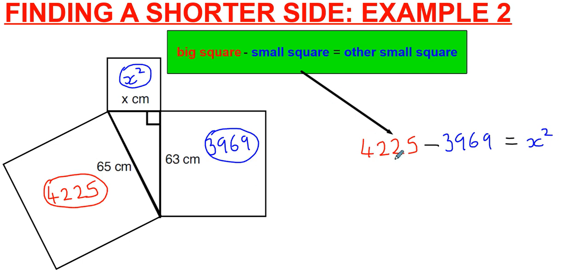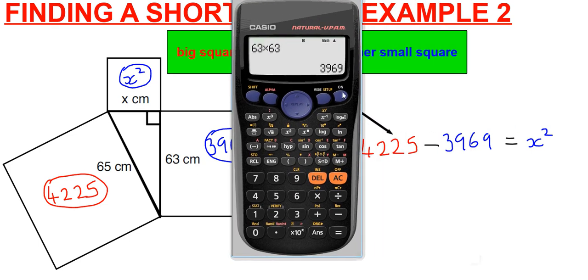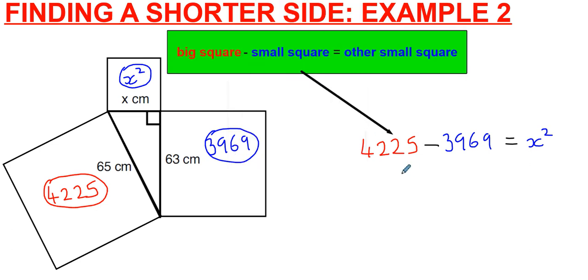So what we need to do now is 4225 minus 3969. We get 256. So 256 equals x squared.